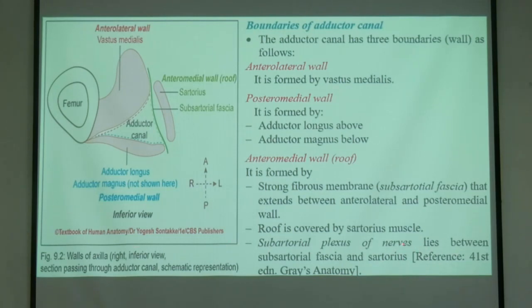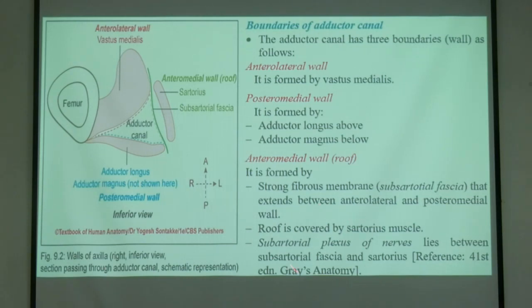Subsartorial plexus of nerves lies between the subsartorial fascia and sartorius. How the roof is formed is very important. From adductor canal also OSPE questions can come.